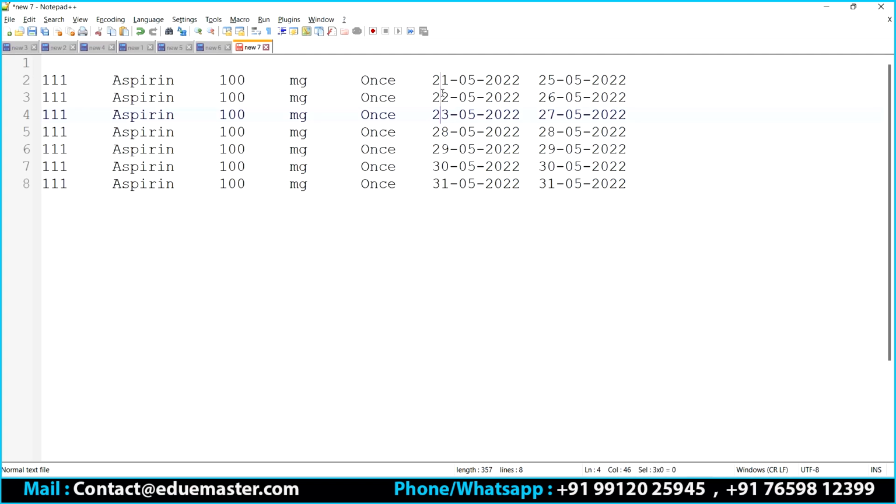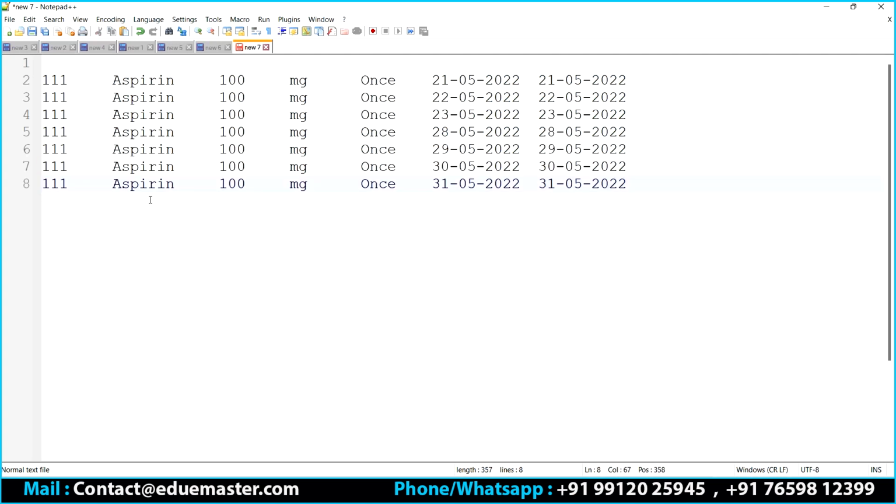Again, he has taken this particular medicine from 28th to 31st. This is how it is done, right? But the dose frequency is going to be once in a day only. Though we have these 4 days in between when the subject hasn't taken any medicine, the frequency is still going to be once in a day, right? There is another subject.